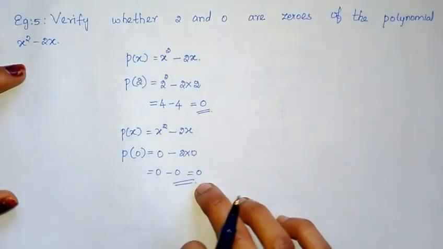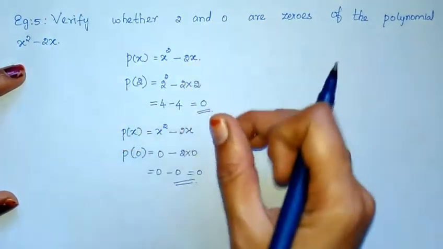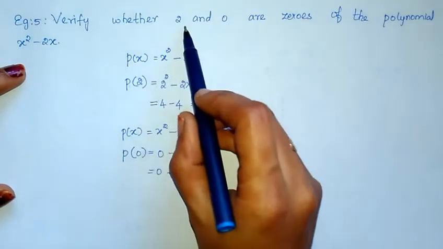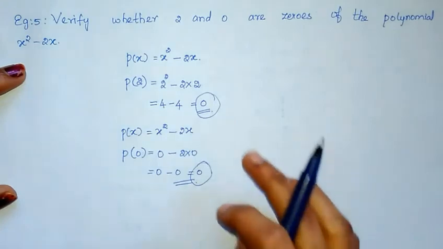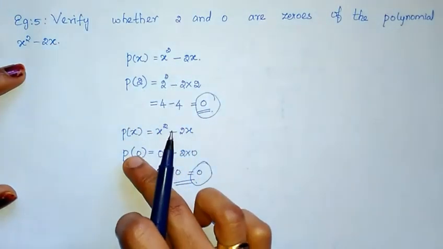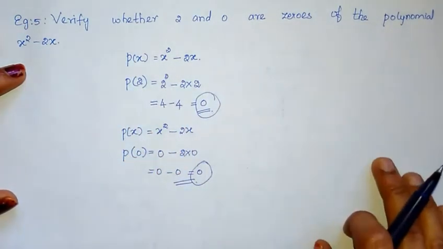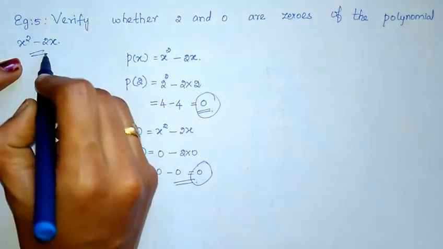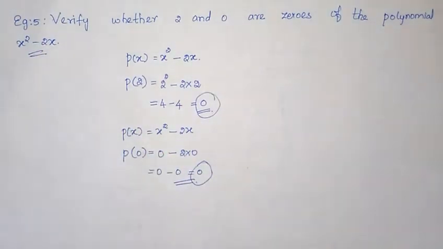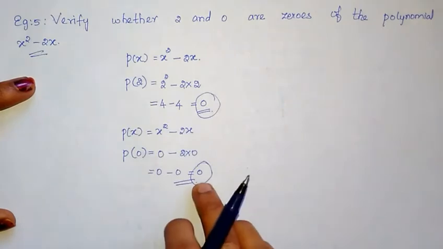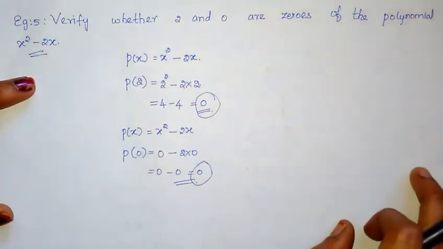So, finally, when we applied 2 and 0 in the place of x, we got the value 0. So, 2 and 0 are both the zeros of the polynomial x square minus 2x. From these two examples, we get some observations. First, 0 may be a zero of the polynomial.